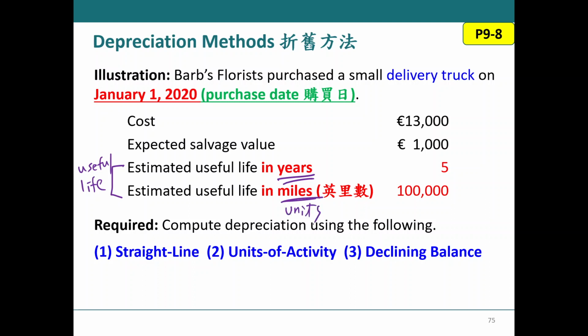Depends on which method you use. First method, straight line method, 直线法, we base on years. Second method, we want to note how many units you are going to use, so we base on unit. So there's 100,000 miles as the total unit we expect to use.